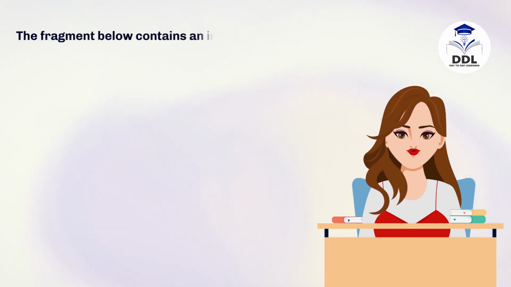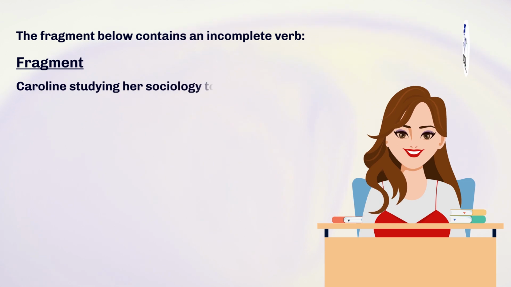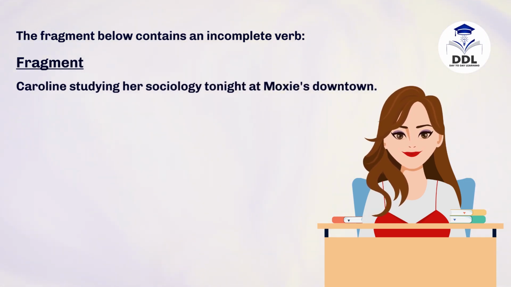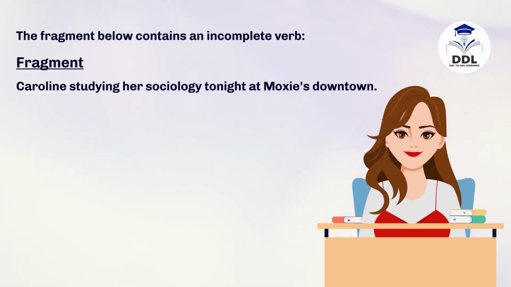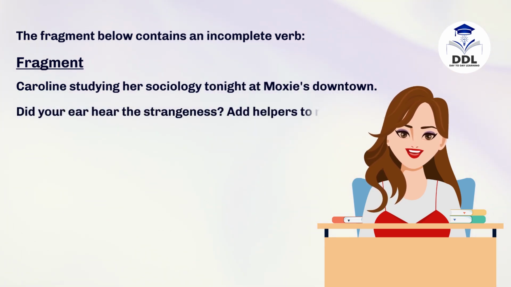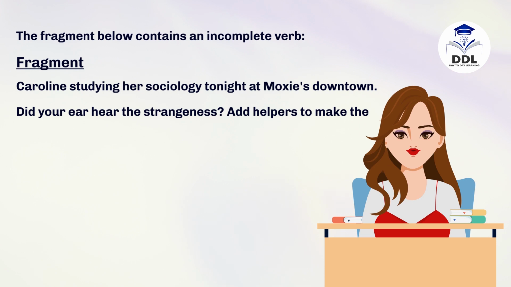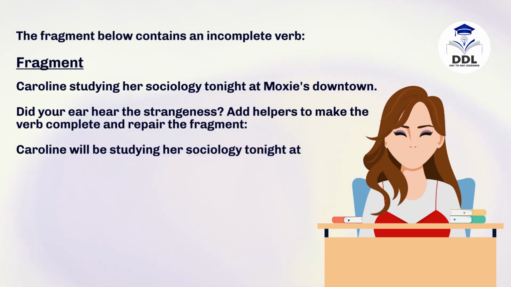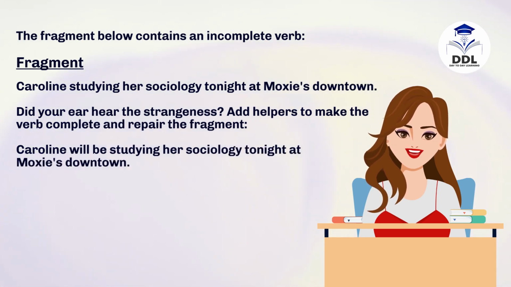The fragment below contains an incomplete verb. "Caroline studying her sociology tonight at Moe's downtown." Did your ear hear the strangeness? Add helpers to make the verb complete and repair the fragment. "Caroline will be studying her sociology tonight at Moe's downtown."